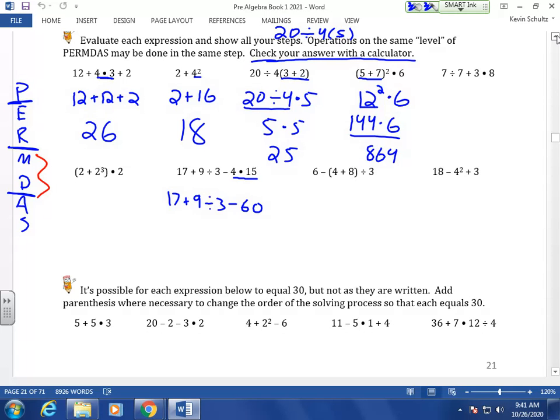What do I do next? I've got addition, division, subtraction. G? Division. Yep. That gives me 17 plus 3 minus 60.